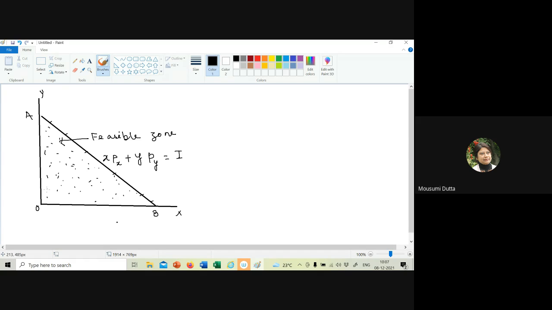So the consumer will be able to afford this combination of XY, or this combination, or this combination. Any coordinate XY below as well as along the budget line is an affordable consumption point.